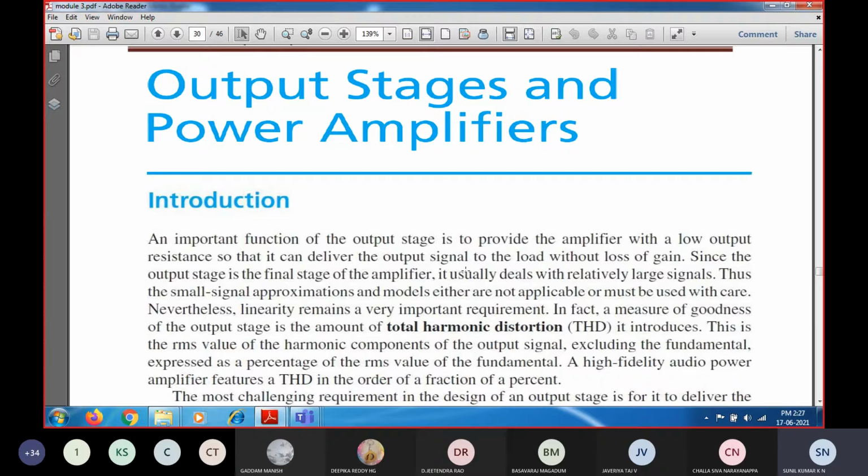They do not have power handling capability, and power efficiency and power dissipation are of very little concern there. The primary aim of a voltage amplifier is to increase the voltage of the input signal: whatever small signal voltage you give, the amplification is done at the output side. That is the main concern.